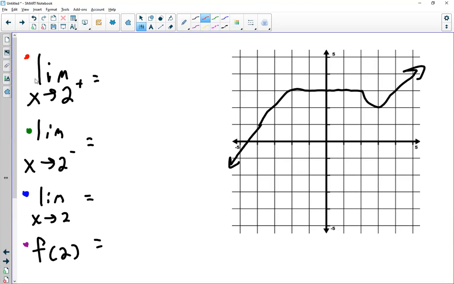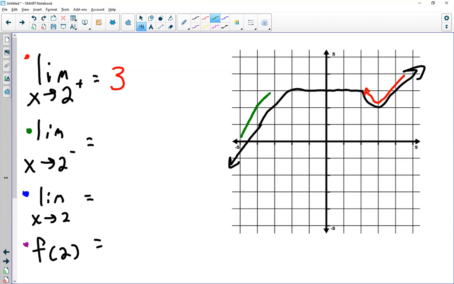For the limit as x approaches 2 from the positive side, I go from positive infinity, from the right, and trace my line, you can just use your finger in this case, until I get to x equals 2. From there, I look at the y value. What does the y value look like it would be as I go that way? 3. So my answer here is 3. For x approaching 2 from the negative side, I'm going from the left to the right, from negative infinity.